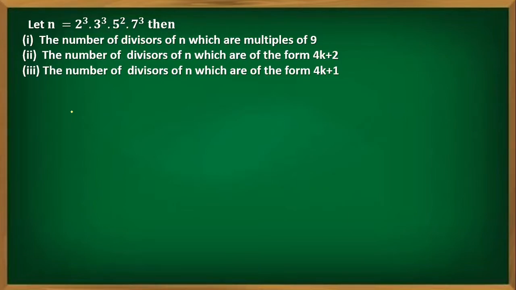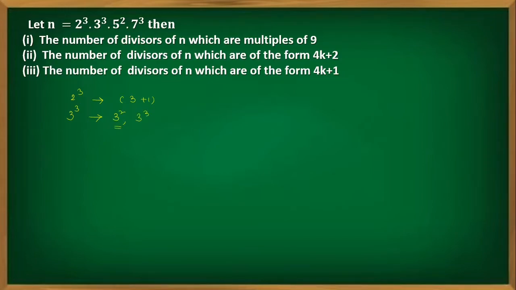So what we do here: for 2 cube, how many choices can we take? For 2 cube we have 3 plus 1 choices. There is no change in the choices for 2 cube. And for 3 cube, how many choices will there be? Because we want 9 compulsorily, it should be a multiple of 9, so we need two 3's compulsorily. So we can take 3 square, or we can take 3 cube.